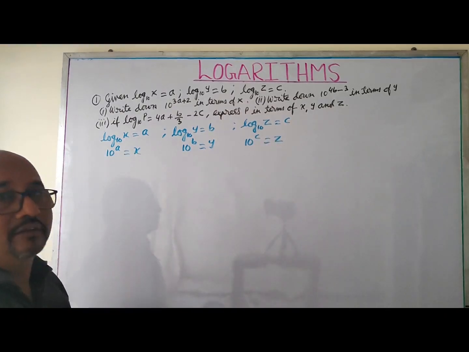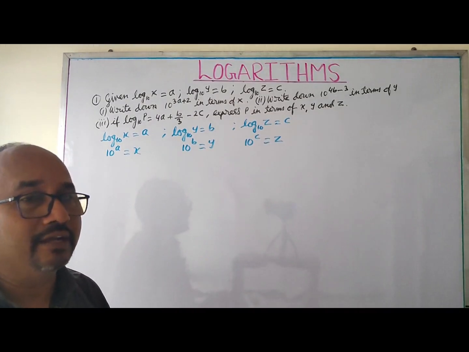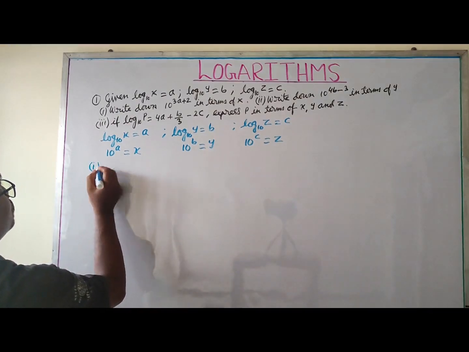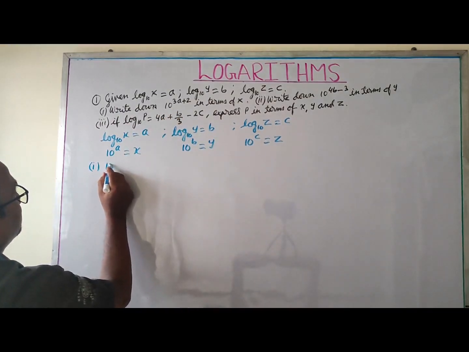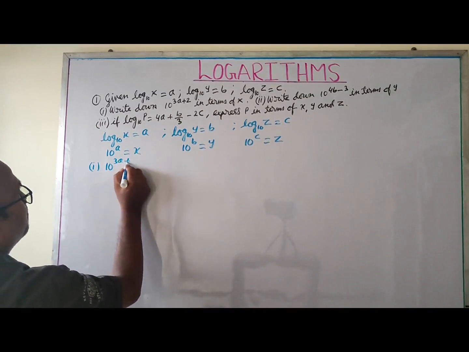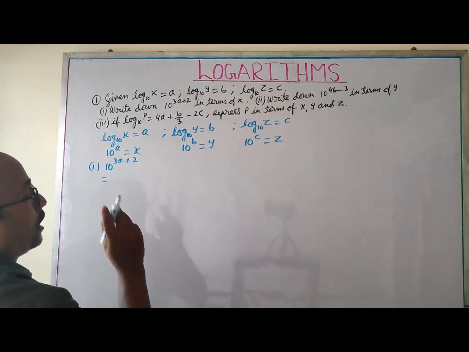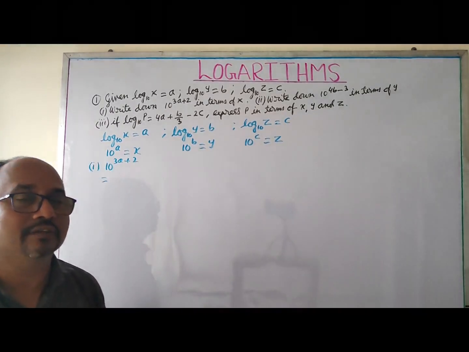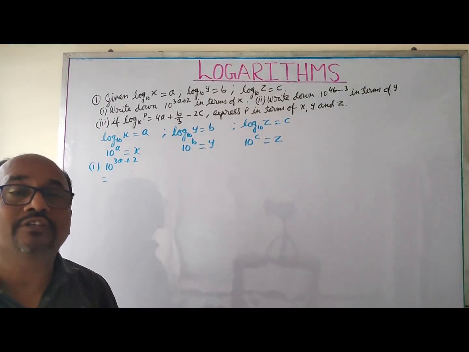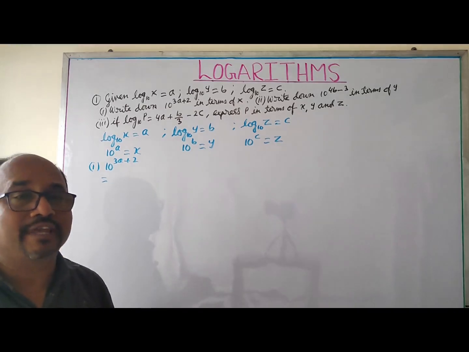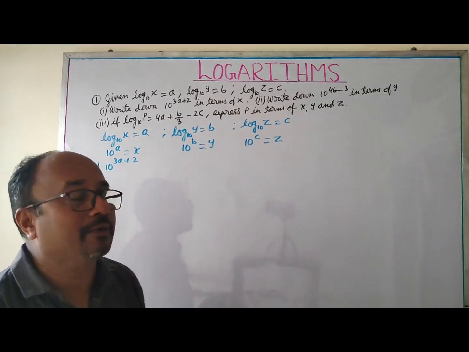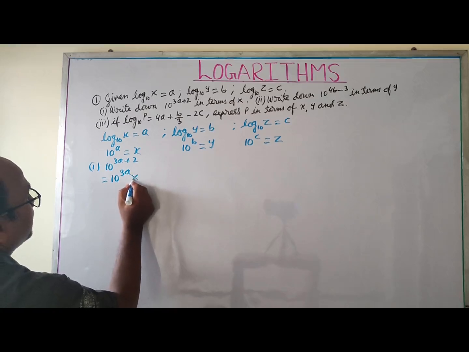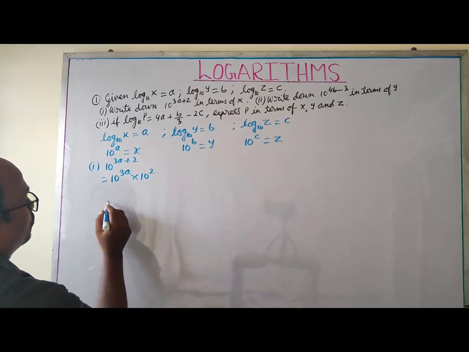So we know the expressions in exponential form. Now if I take the first one, which is 10 to the power 3a plus 2, 10 has a power in addition. You know that when it is addition in the exponent, we write with the same base separated, and it gets multiplied. So this will be written as 10 to the power 3a into 10 to the power 2.